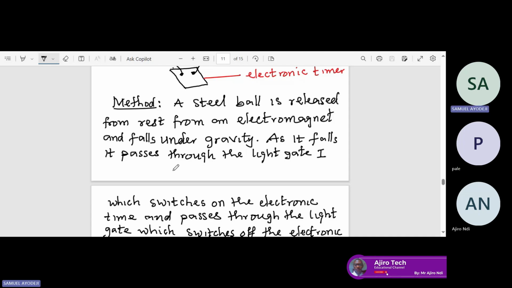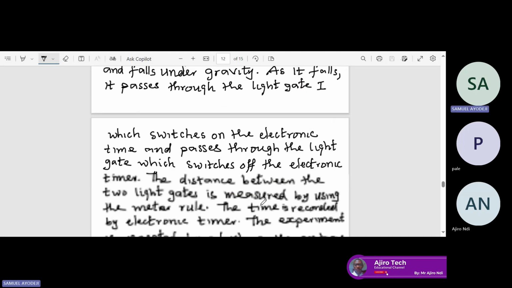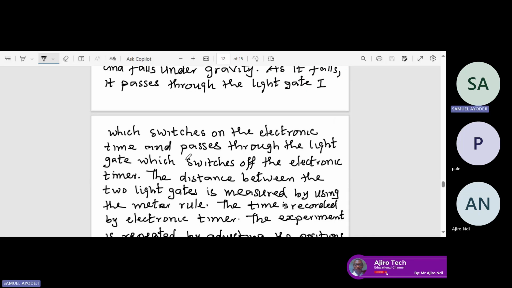As it falls, it passes through light gate one, which switches on the electronic timer, and passes through light gate two, which switches off the timer. I am supposed to put light gate two here.